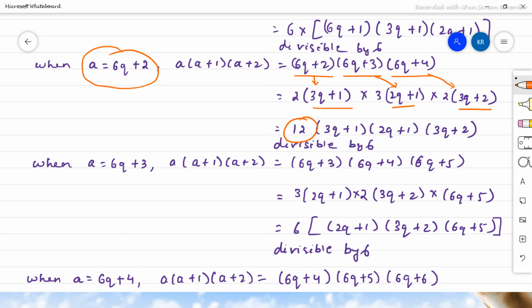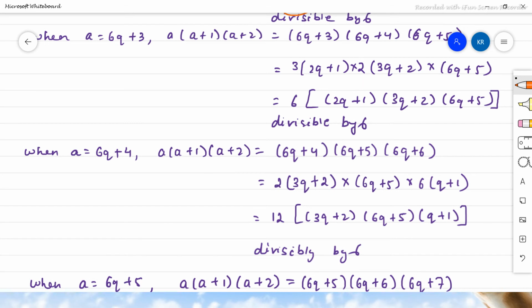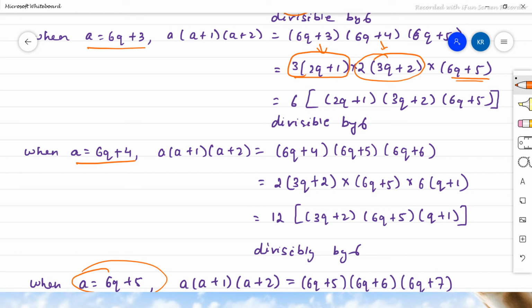Next, we have 3 more forms, and we can show it for 6q plus 3, 6q plus 4 and 6q plus 5. For 6q plus 3, we can take 3 out as common. 6q plus 3 has been written like this, then 6q plus 4, and in 6q there is no common factor, so just leave it.